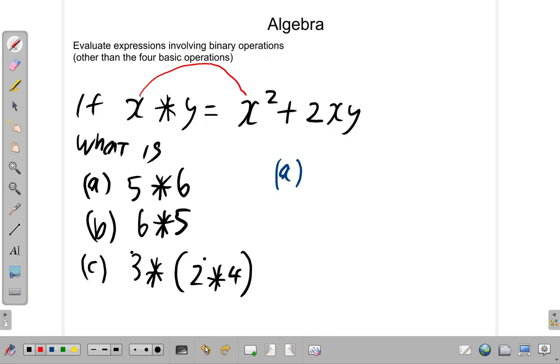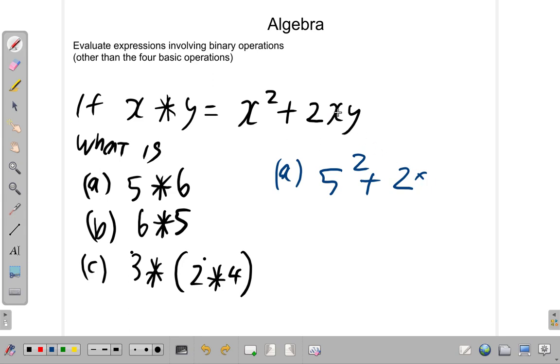So you have to be careful about the position that these things take. So x squared, x first, so you start with 5 squared, plus, you see the plus here, 2 times, I didn't bother to put a multiplication sign here because it's between number and letter, but it's going to be number and number now, so you have to put it.